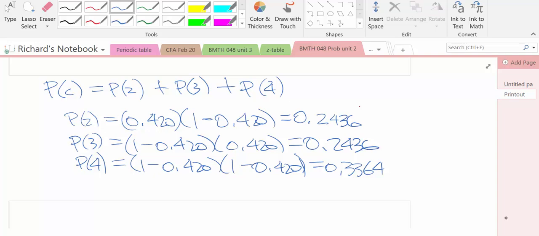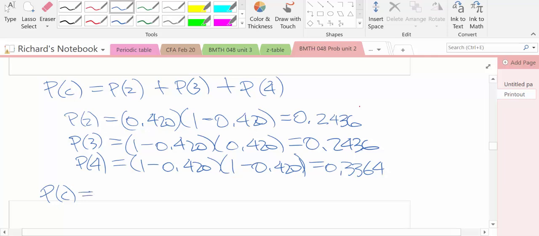So if you recall, in the notes, we said let's define the probability of at least one of the two people not being type A as being assigned to the random variable C. So the probability of event C occurring is the sum of these three things: the probability of 2, the probability of 3, and the probability of 4 occurring. So now I add them up.